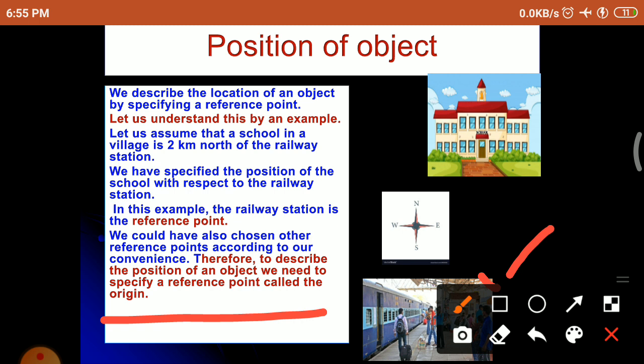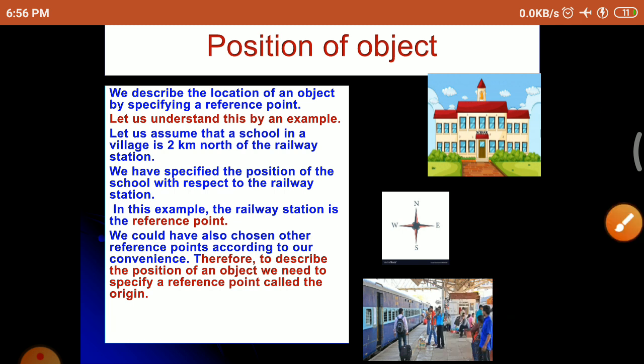This reference point is needed to specify the position of the object. Without a reference point or origin, we cannot specify the location of an object. So here the railway station is the reference point and the school is the location of the object.